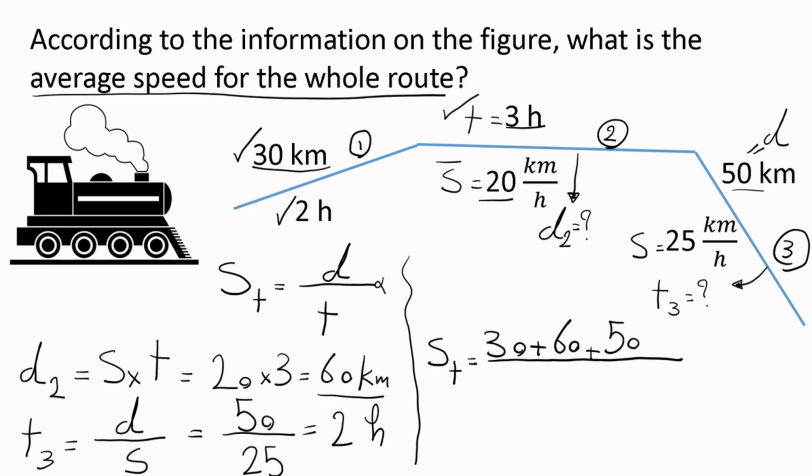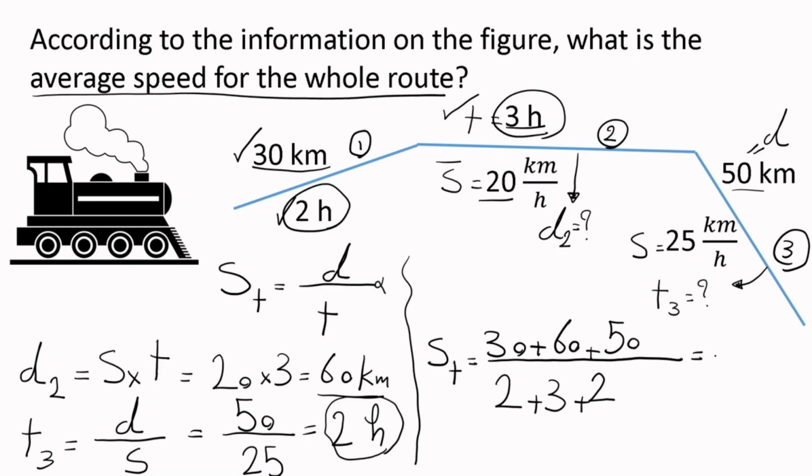What about times? I have time of the first part, which is 2 hours. I have time of the second part, which is 3 hours. And I do not have the time of the last part, but I just calculated the time of the last part, which is 2 hours.